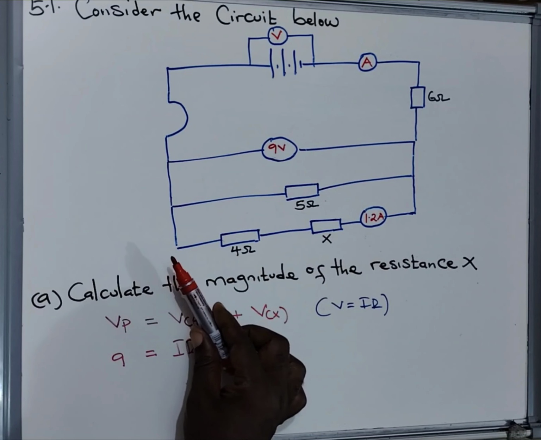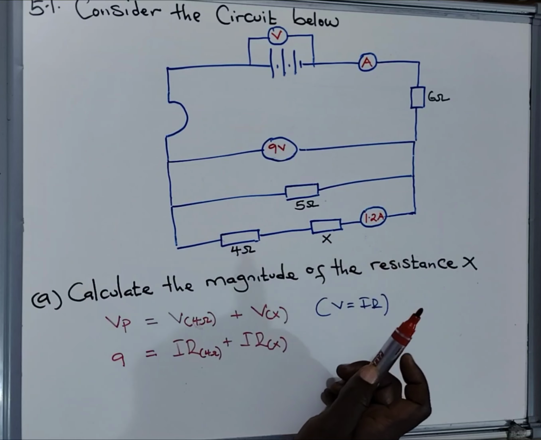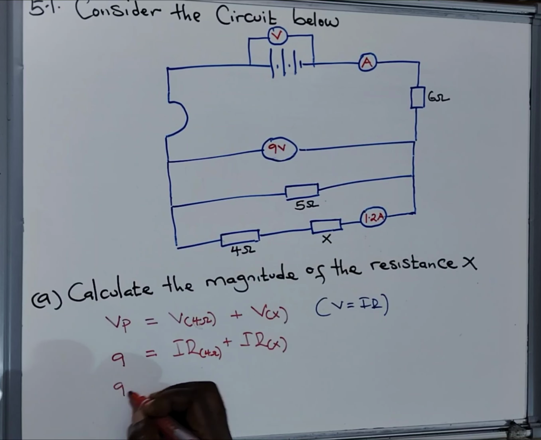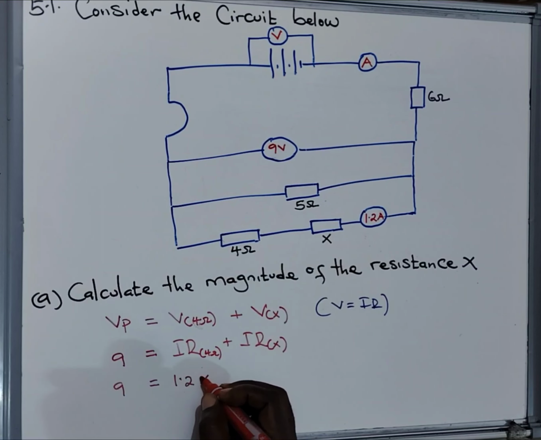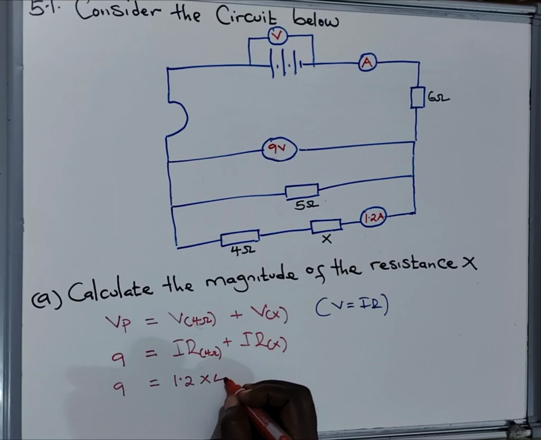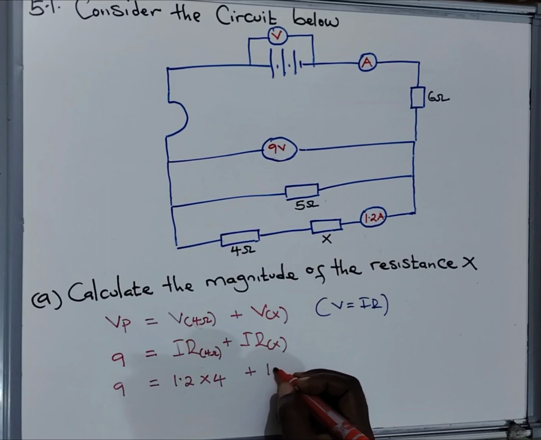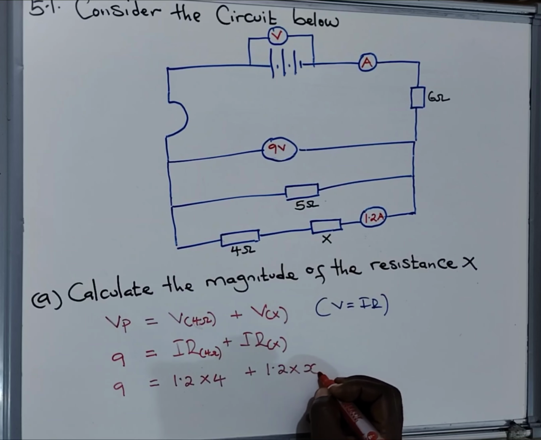We know that the current going through both is 1.2. So we are going to say 9 is equal to 1.2 times 4 plus 1.2 times X.